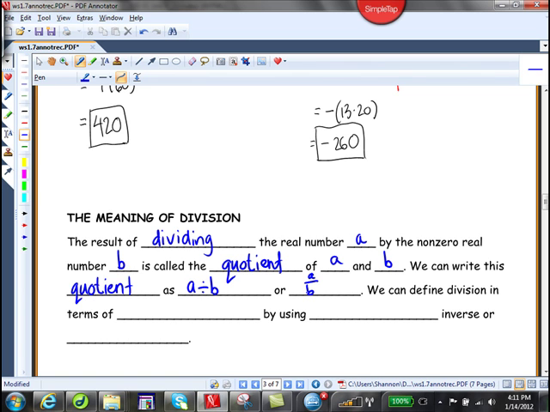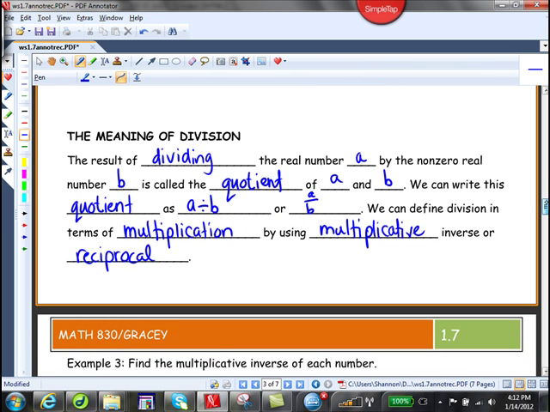We can define division in terms of multiplication by using the multiplicative inverse, or reciprocal. And we learned this earlier. Now we're just throwing negatives into the mix.